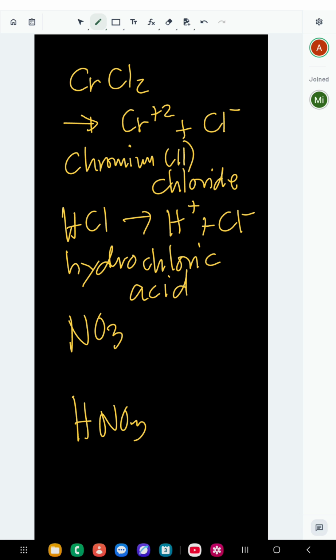Then NO3. NO3 without a charge. It doesn't have a charge, right? So maybe we can just say nitrate ion. This is alone. But it doesn't have a charge here. Only NO3.